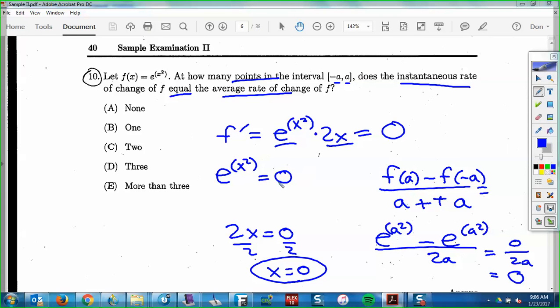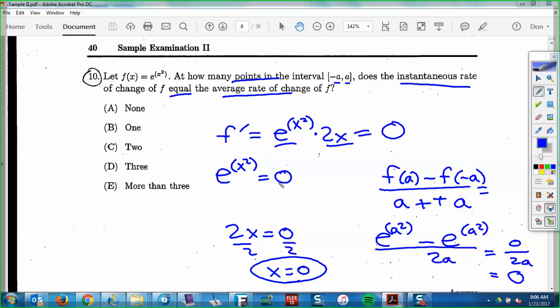When does e to the x squared equal 0? Never, right? e to the x just goes up there. That'll never equal 0. I mean, you can take the log of both sides if you want. It'll never be 0. There's nothing you can put in here. You put in 0, e to the 0 is 1, that's positive.